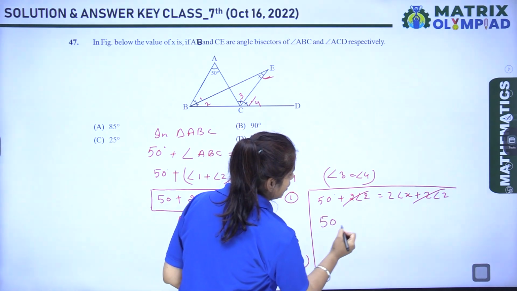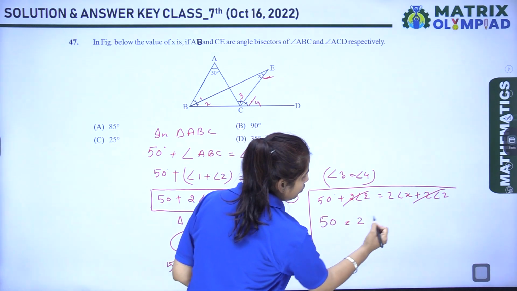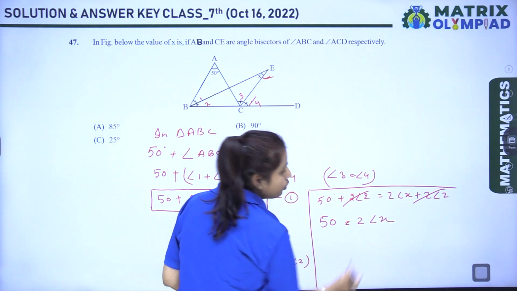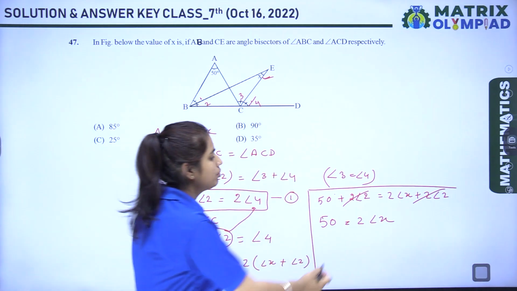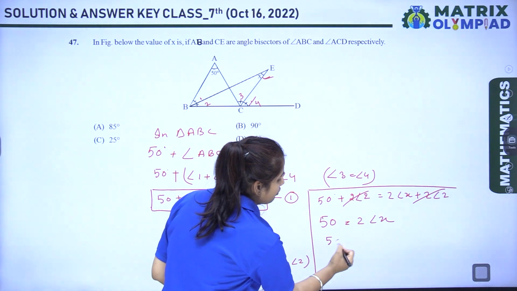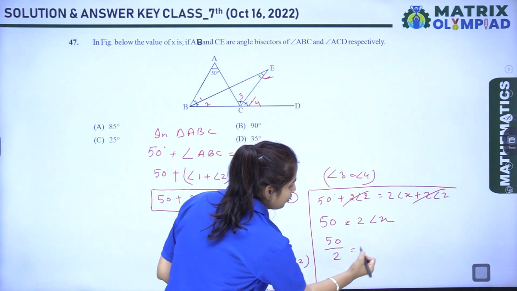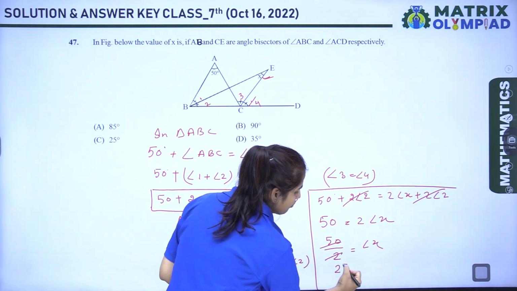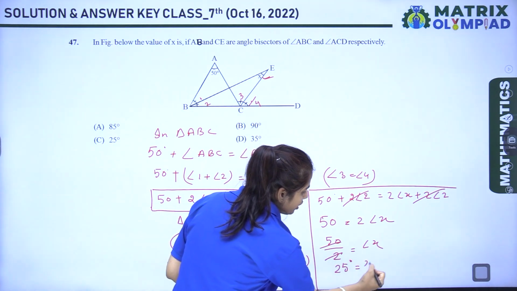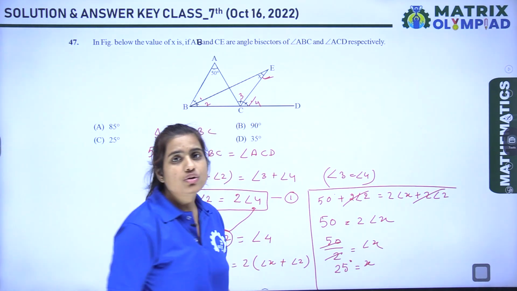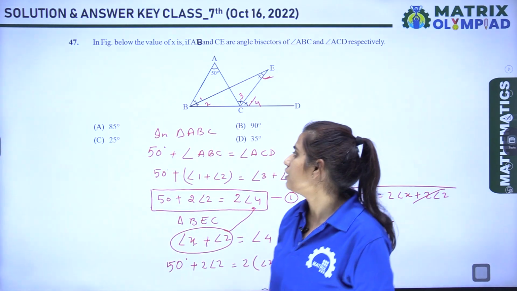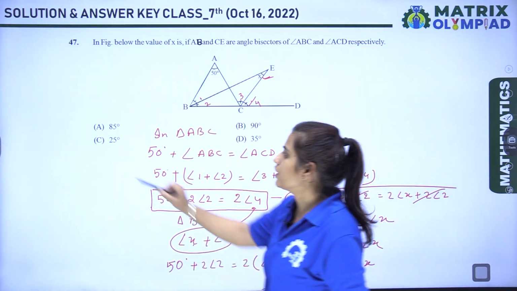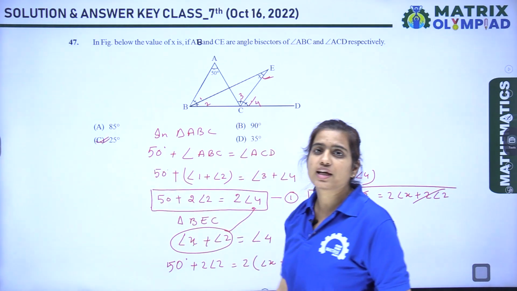We are left with 50 equal to 2 angle X. 2 is in the multiplication form. After transposing it, we get 50 upon 2, that is equal to angle X. Now in the lowest form, 25 degree is equal to X. From the solution, we get the value of X, that is equal to 25. So option C is the correct answer.